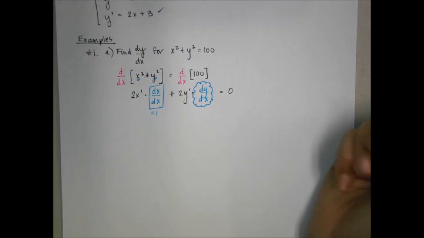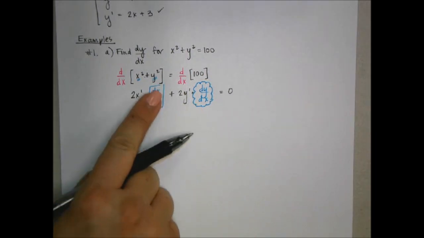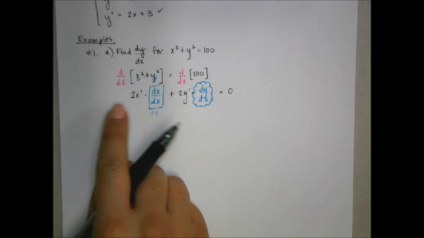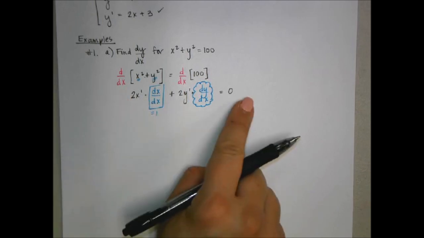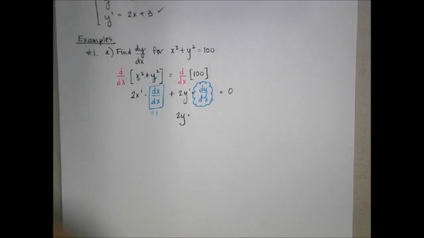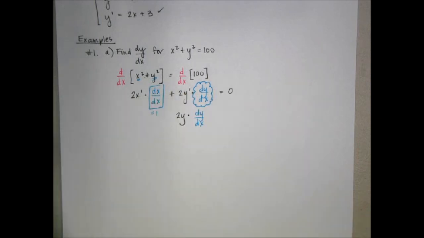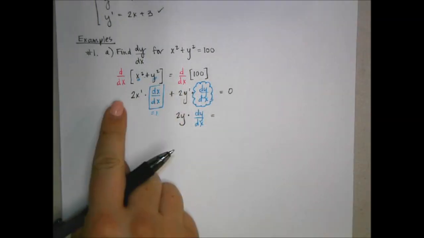So we just want to get dy/dx by itself. This term has simplified to 1. So I'm going to start by subtracting 2x over to the right. 2y times, and I'll leave this as dy/dx, is equal to, subtract 2x over, minus 2x.